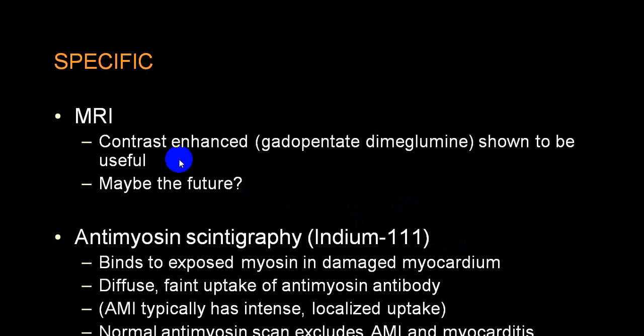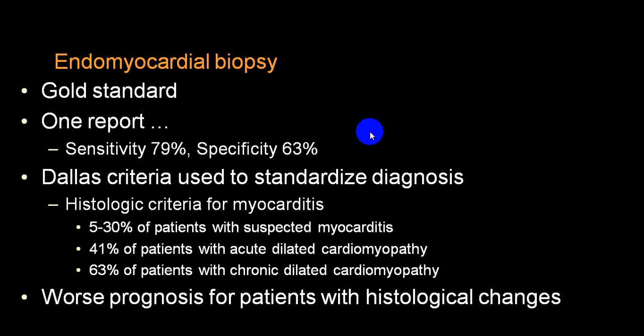MRI, usually with scan, that is indium I-111 anti-myosin scan, can be more helpful to find out the amount of damage. Endomyocardial biopsy is the gold standard because it gives you histopathological diagnosis and severity of involvement of the myocardium.